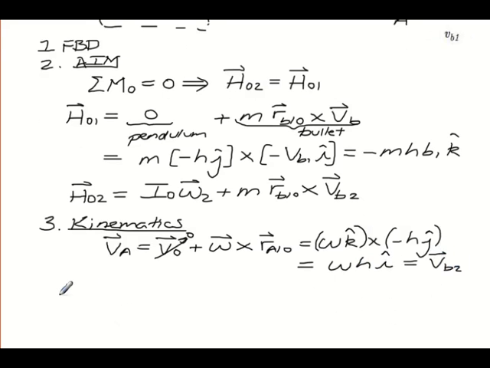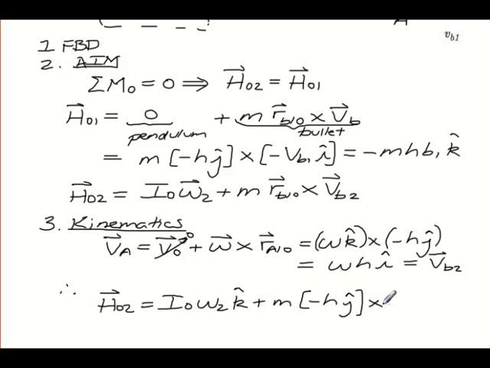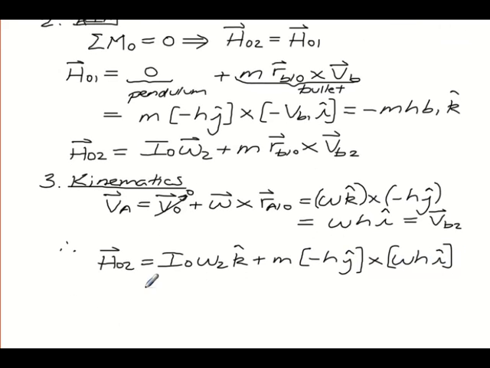So therefore, HO2 is going to be IO omega 2 k, and then we do the cross product. That's going to be, again, minus h j crossed with the velocity of the bullet, which is omega 2 h i.